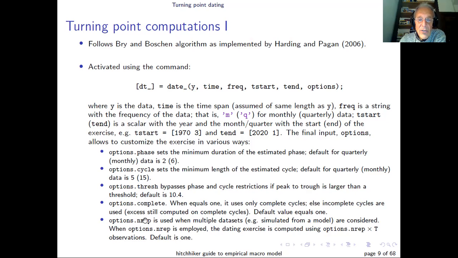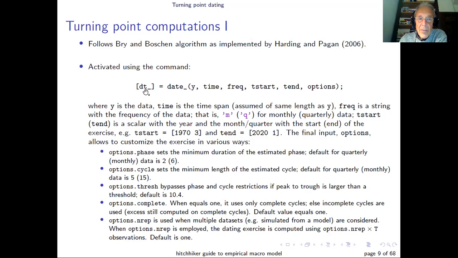And NREP is used in the case you are simulating data from a model, in which case you have multiple data sets. And the exercise that you are going to run is going to be not only on one particular data set, but on repetitions of the same data set. Obviously, the default of this is 1, as the default of option complete is equal to 1.